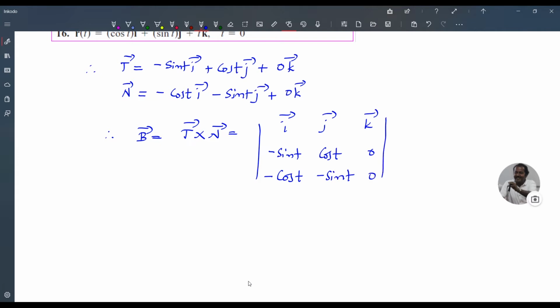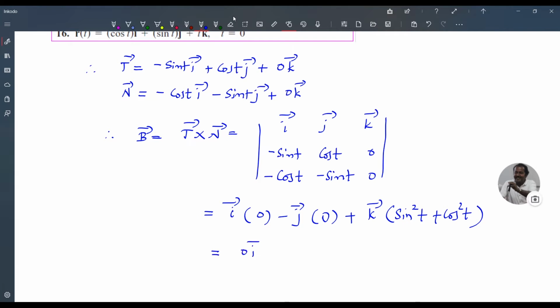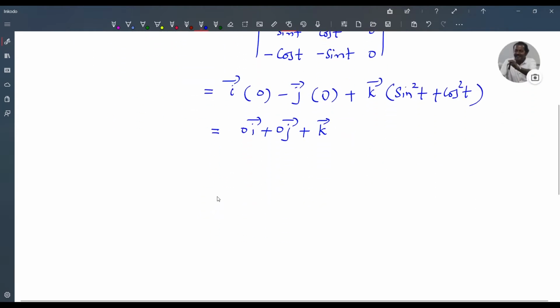So this is equal to i into 0 minus j into again 0 plus k into sin square t plus cos square t. So this is 0i plus 0j plus k. Therefore b of pi by 4 is again 0i plus 0j plus k.